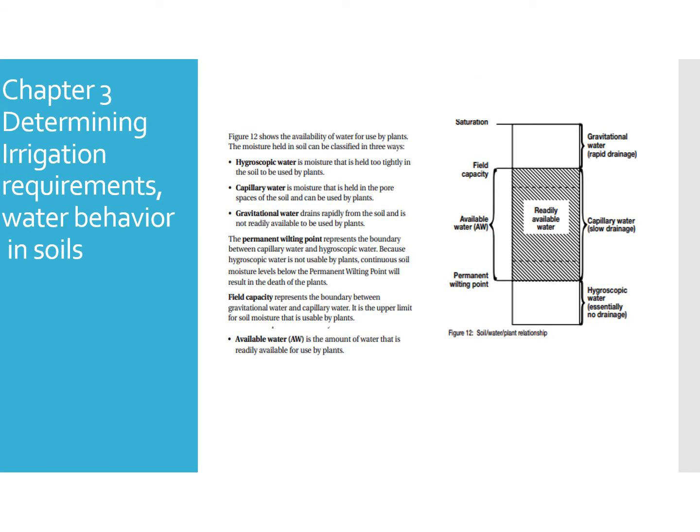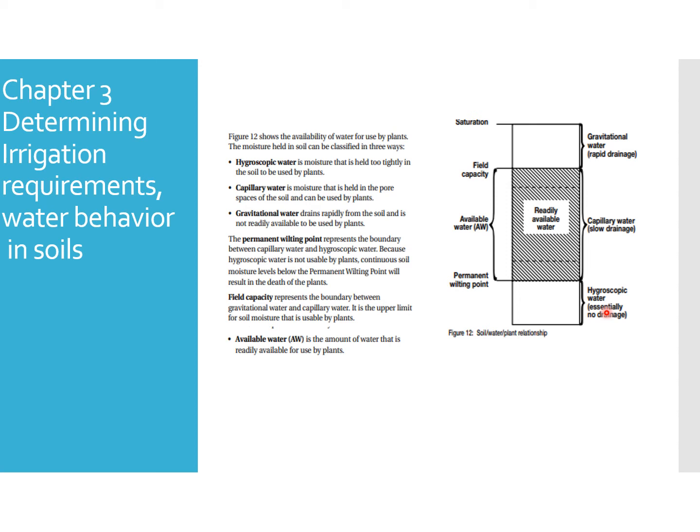Now we're going to talk about water behavior in soil. This is a chart from the Rain Bird textbook, and it's an example of a column of soil and how water is going to behave in that soil. First we have hygroscopic water, which is water that's being held too tightly within the soil, and plants are unable to draw that out.